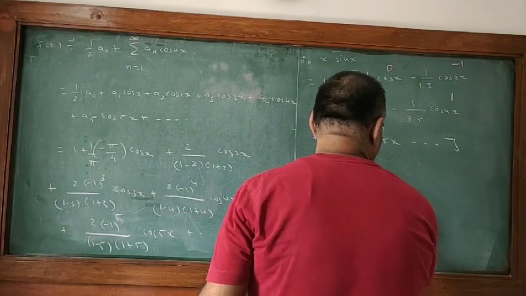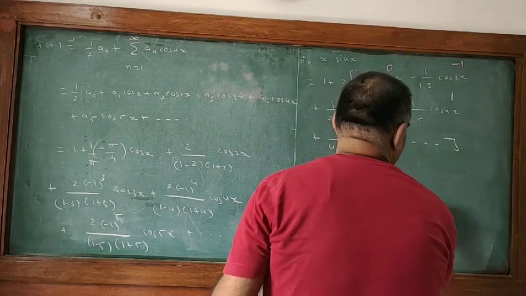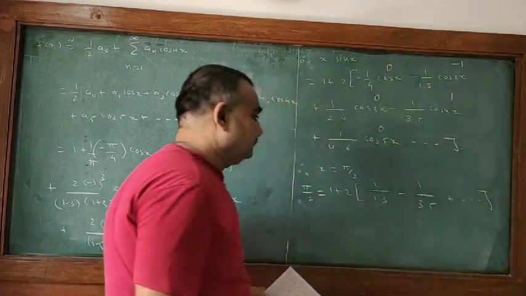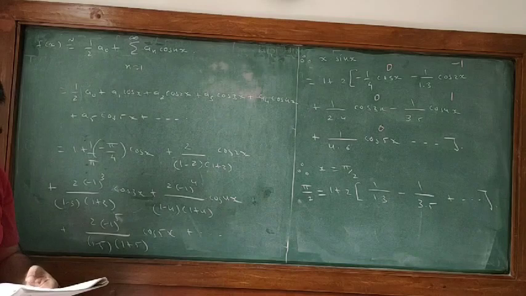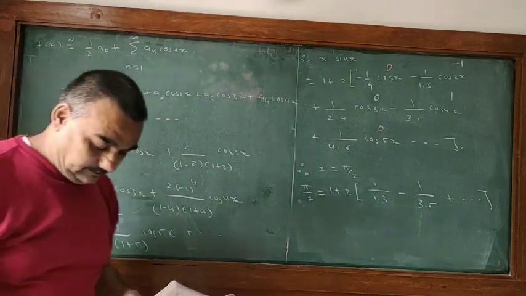1 upon 1 into 3 minus 1 upon 3 into 5 and other terms. So this is value of pi by 2.